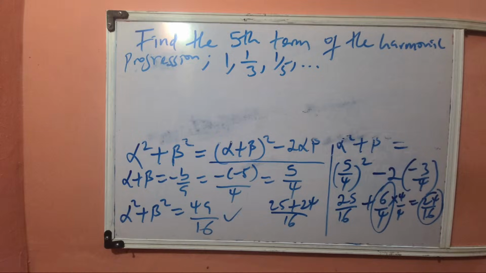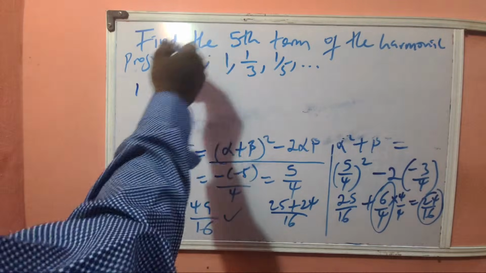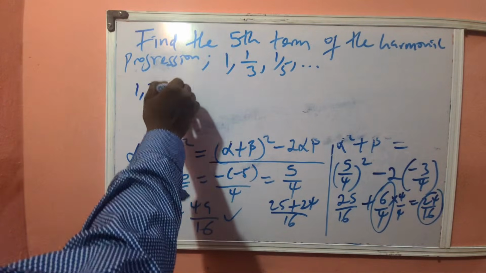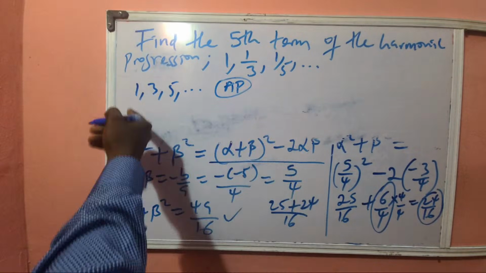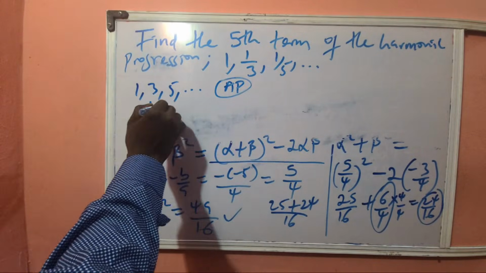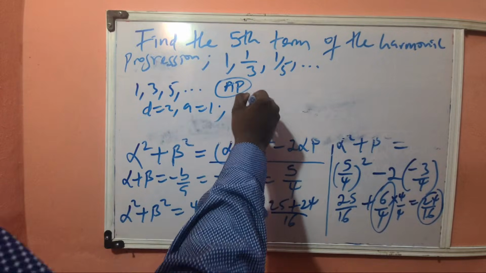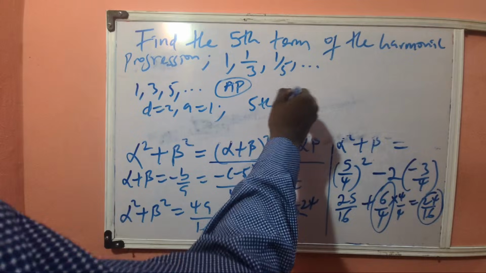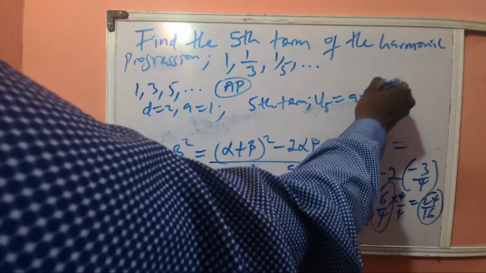So what I have to do first, which is best to do, is let me do the reciprocal of all this. I get 1. 1 over 1 is 1. And then this one will be 3. Then this one will be 5. Dot, dot, dot. So this is my AP now. What do I want to do next? I want to find my common difference. My common difference here is 2. My A is 1. I'm asked to find the fifth term. My fifth term, which I can write as U5, is A plus 4D.